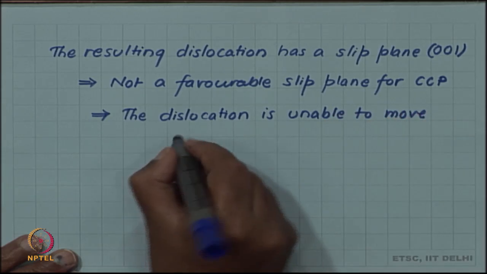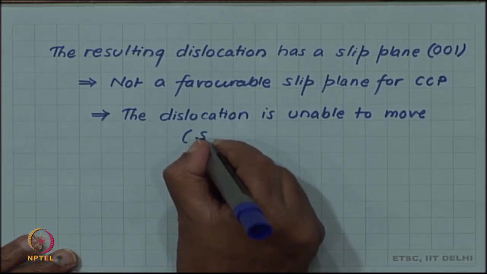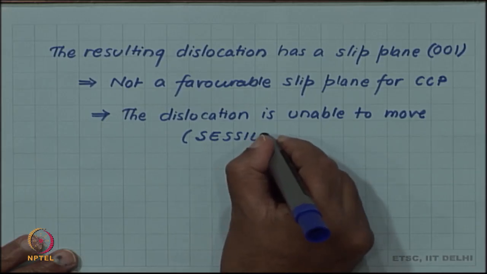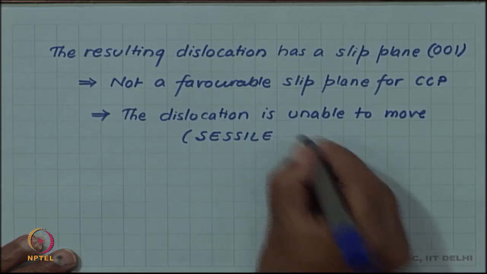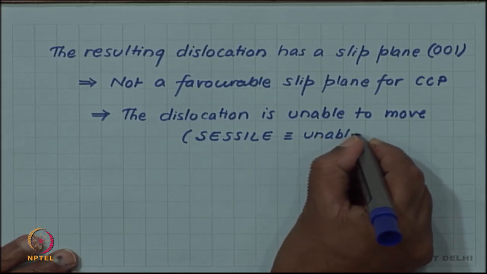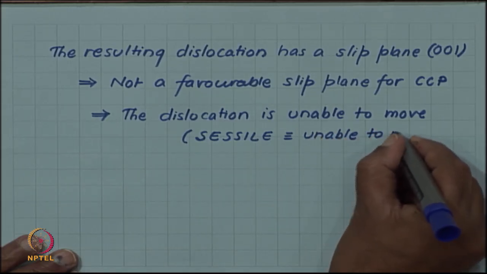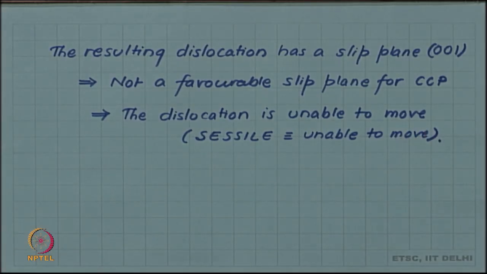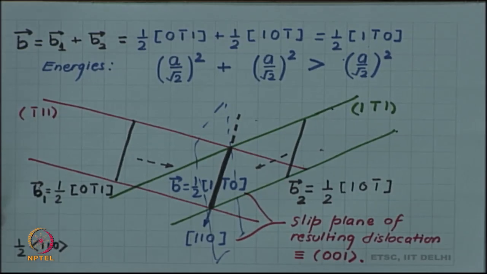In other words, sometimes dislocations which are unable to move, we call them sessile. Sessile, unable to move. So, the resulting dislocation is a sessile dislocation.